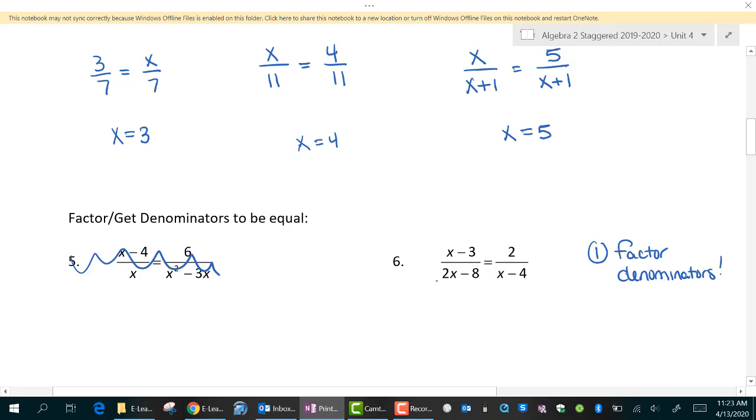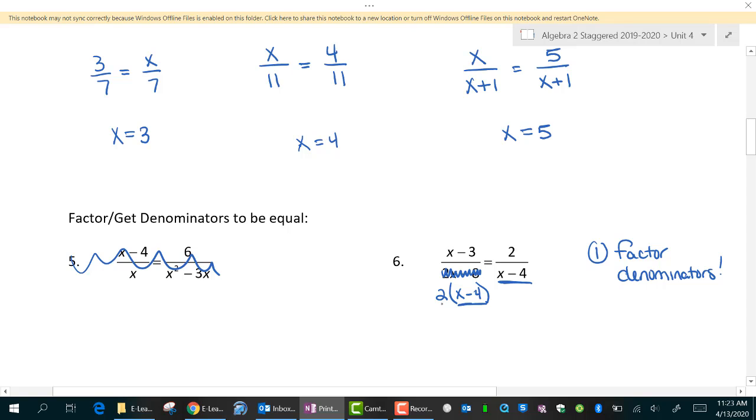On the left-hand side, I have 2x minus 8, so I can factor out a 2. Both of them are divisible by 2, so I'm left with x minus 4. And then I'm just going to cross this out so it doesn't confuse me. Notice here, both denominators have an x minus 4.